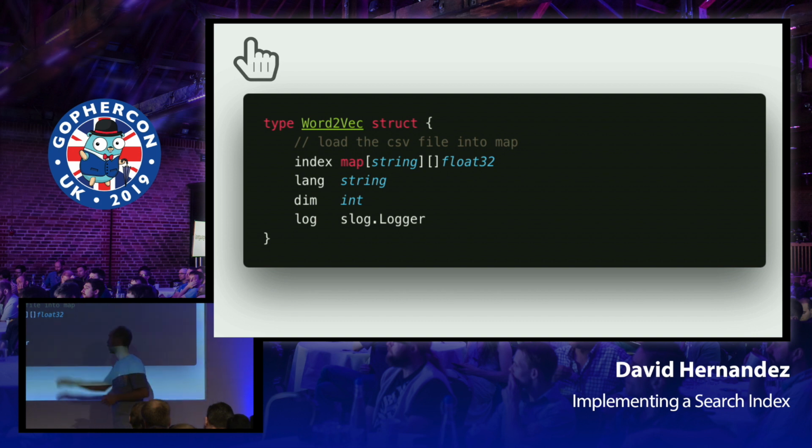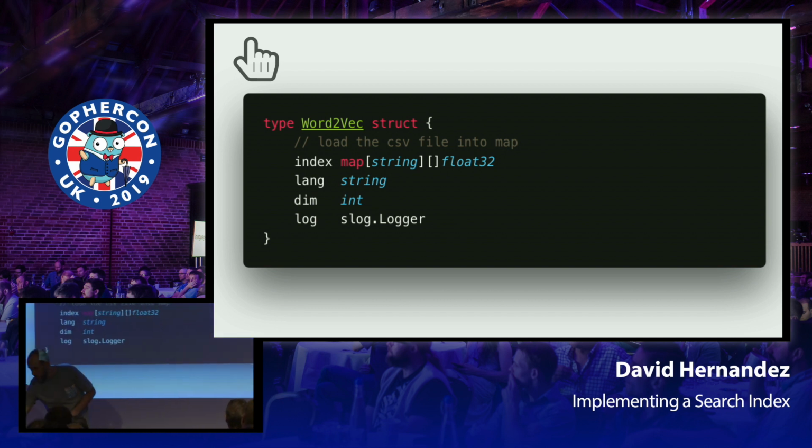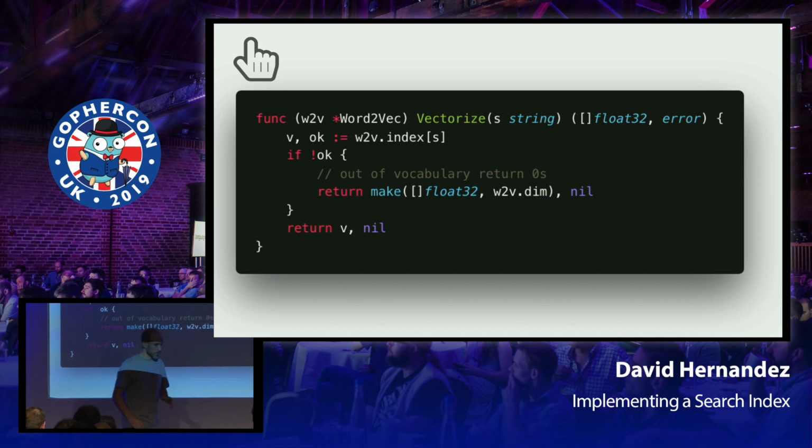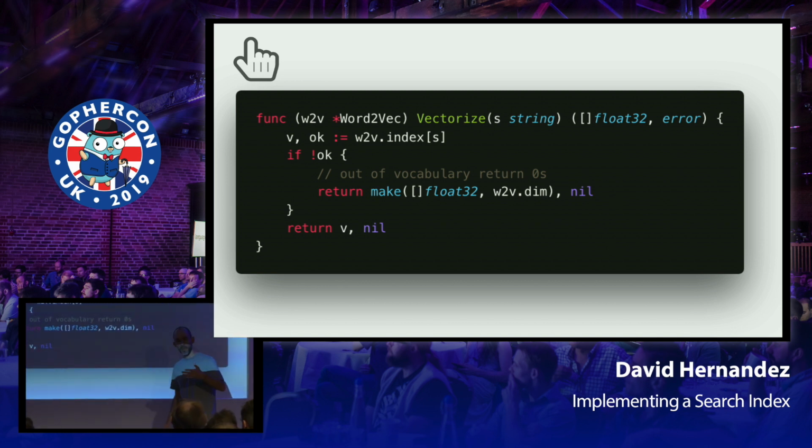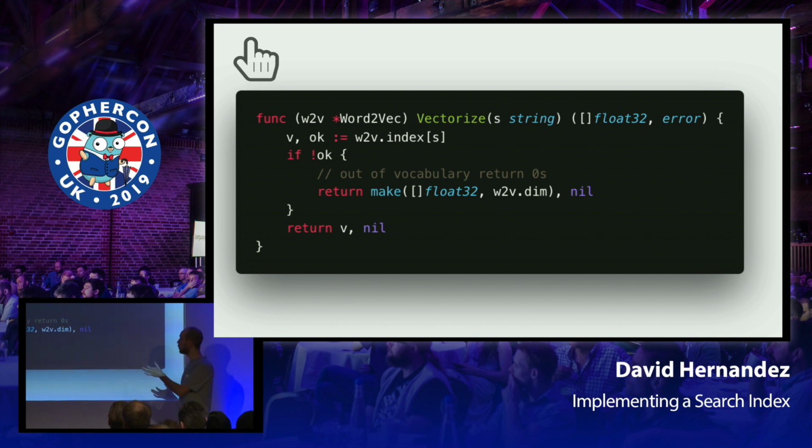You can also log the dimension of the vectors and other things to be able to use it. So if we want to get the vector representation of just a single word, we only need to look for that word in the index.